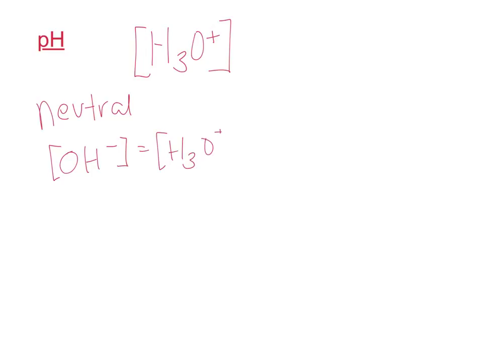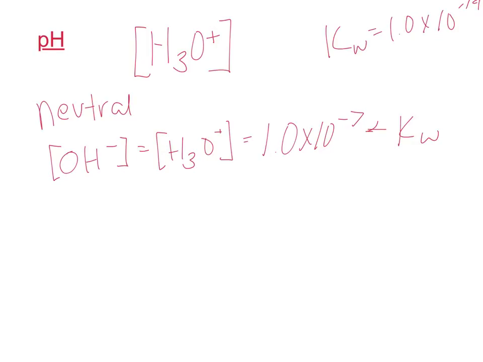And remember, we learned that each of those is 1.0 times 10 to the minus 7, and this is just based on the K sub W, right, which says that the K sub W is 1.0 times 10 to the minus 14, and this is also equivalent to H3O+ times OH minus.